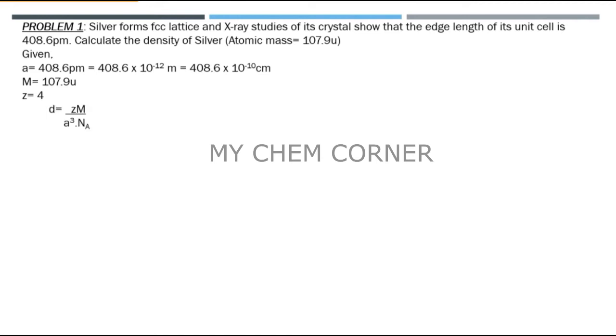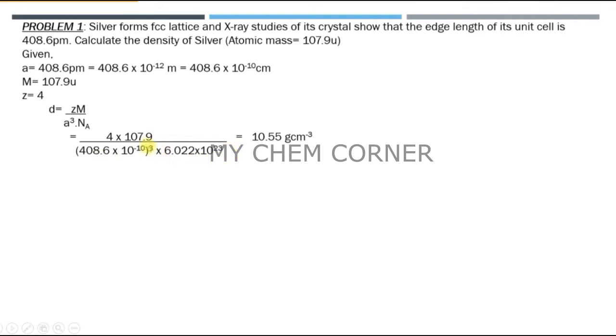Now we just need to substitute it in the formula and calculate the density. So we have Z value, we have M value, we have A value, which has to be cubed, and we have Na, which is a constant. Now we will just substitute it directly. Z is equal to 4 into molar mass divided by, we need to cube this entire A value along with the power, into the Avogadro's number.